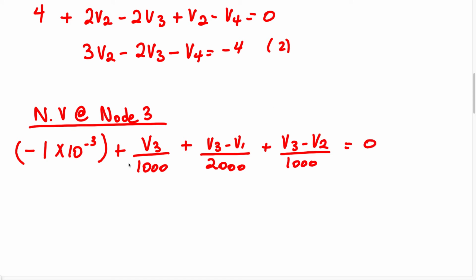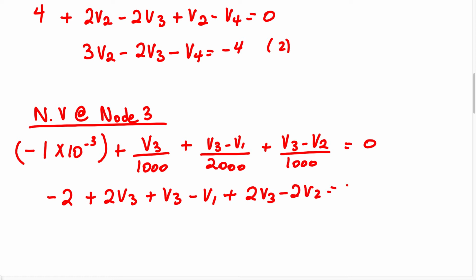And when we simplify this, we're going to get negative 2 plus 2V3 plus V3 minus V1 plus 2V3 minus 2V2 equals 0.